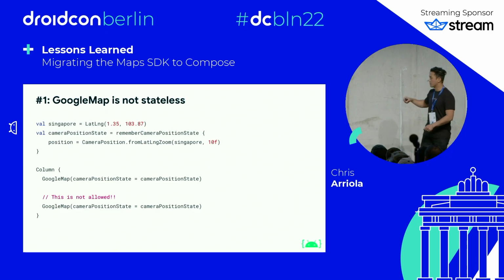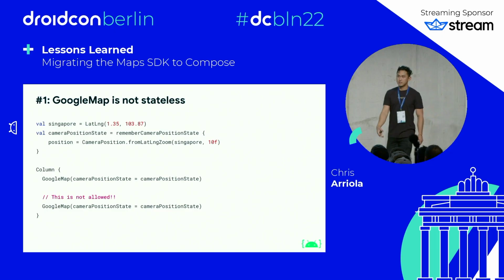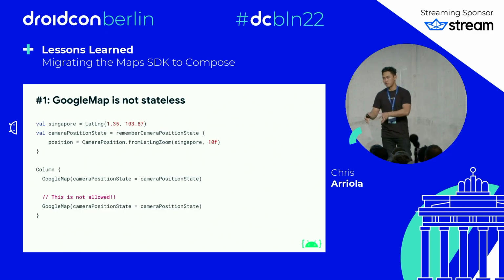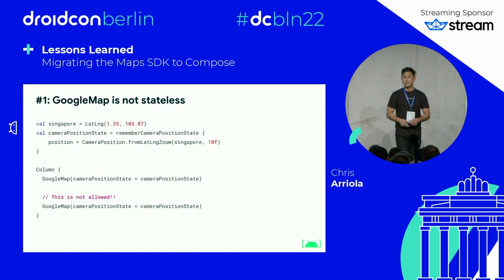But unfortunately, that's not allowed right now. You'll get an exception if you try this, because the Maps SDK object actually manages the camera. So there's a constraint where there's a one-to-one relationship between the camera position state and the Google Map composable function. So if you wanted to use two Google Map composable functions, you have to provide two separate camera position state objects.